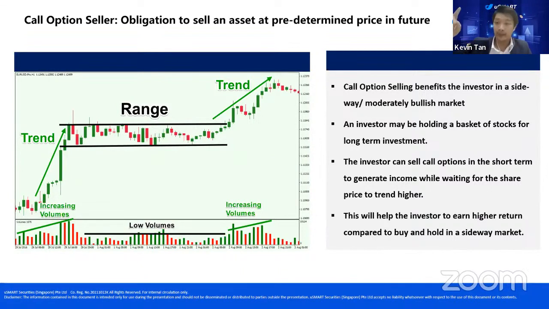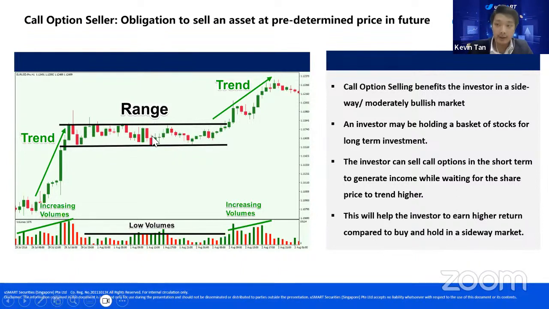So it could go up and then go down, go up and go down, go up and go down again. But if the stock is moving sideways, usually you are not making any profit, and that can be extremely frustrating. Just like the chart here, the stock could be trending up and then move within a range for a very long period of time, and nobody knows how long this range bound market can last.